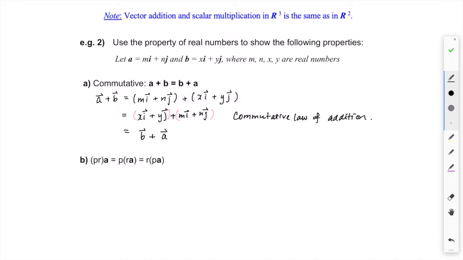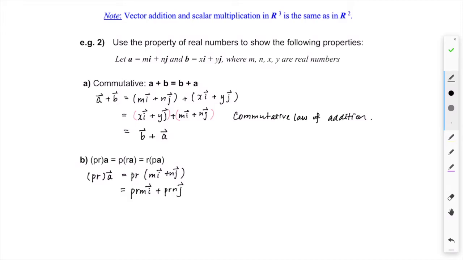Okay, now what about scalar multiples here? I can start by showing pr times a, and this gives me pr as a scalar multiplied by the vector mi plus nj. Then I have p times r times mi, using the distributive property, plus prn times j.